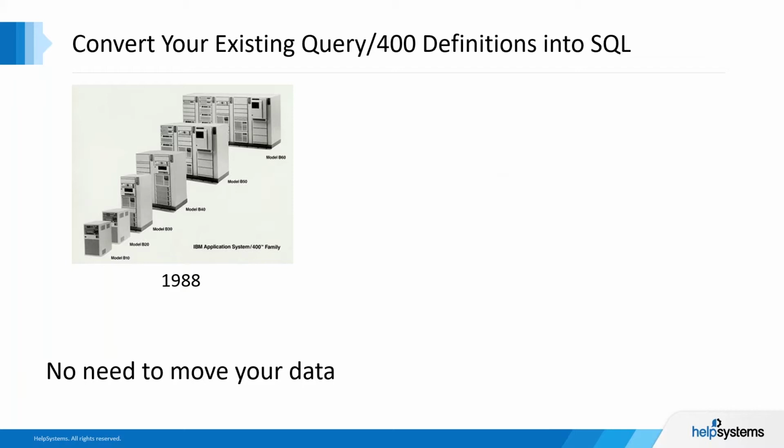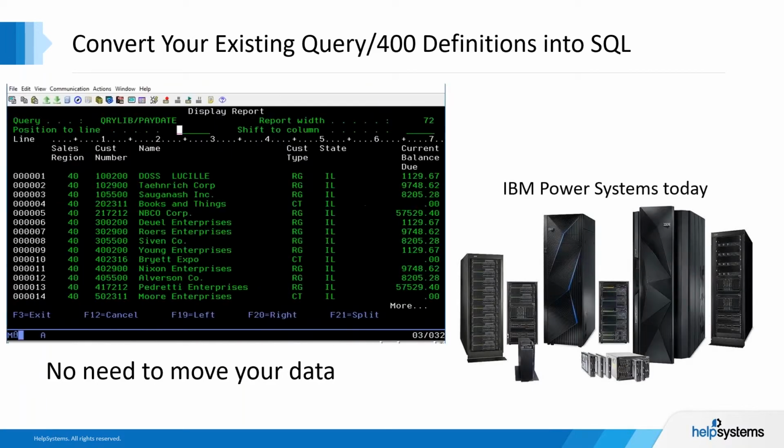Designed specifically for businesses in 1988, the IBMI has grown into a powerful system capable of many tasks. With the DB2 database built into the operating system, it has become the most reliable, scalable, securable system on the market today. IBM provided Query 400 as a way for users to see the data in the database, but it was still green screen.